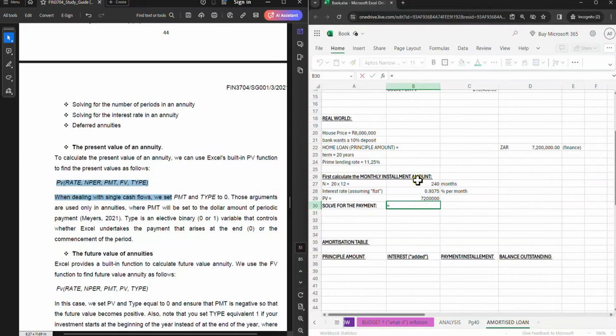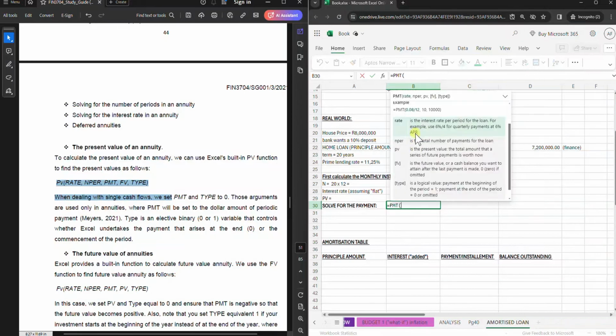Remember we're using Excel. To calculate the payment, I put PMT into the formula. I need the rate. The rate here was 0.1125 divided by 12, close brackets. The number of periods was 20 times 12. The present value was the outstanding loan amount.